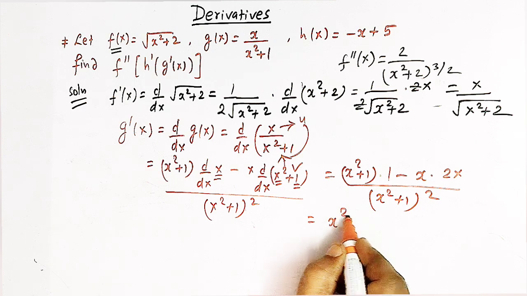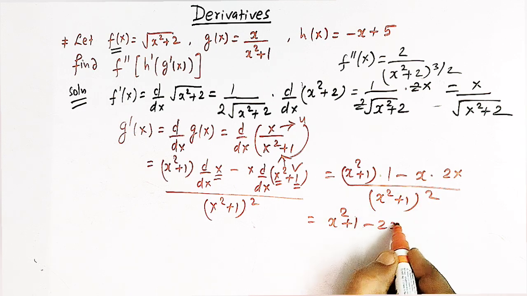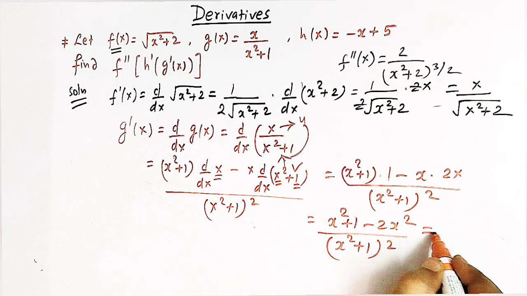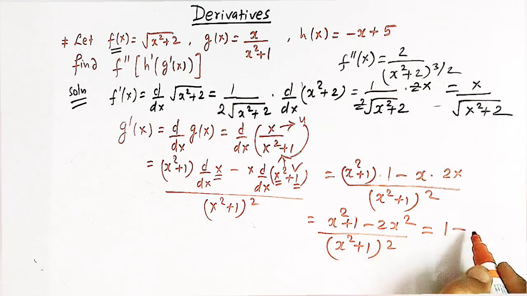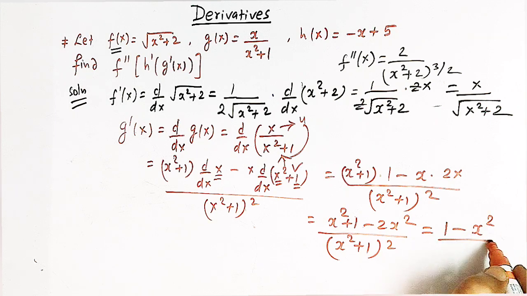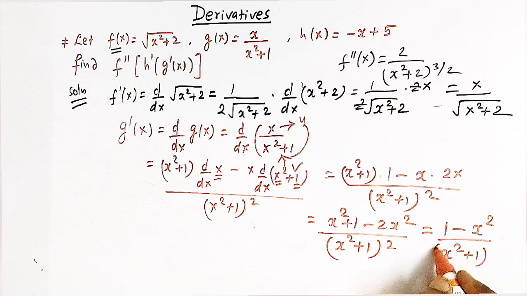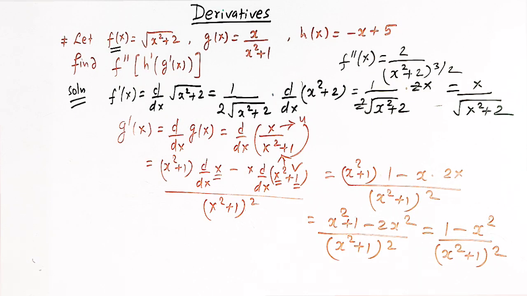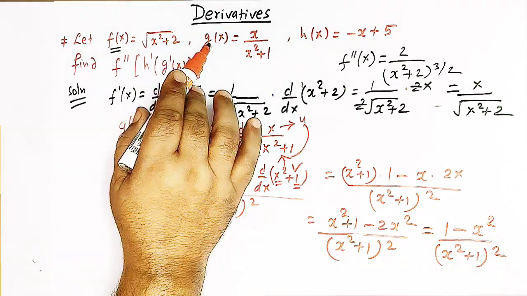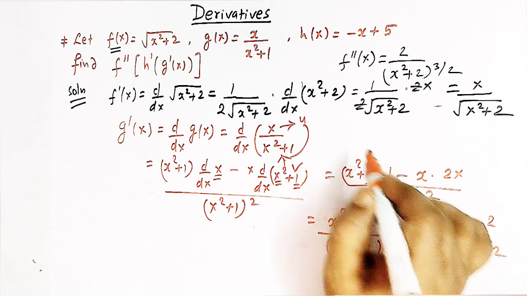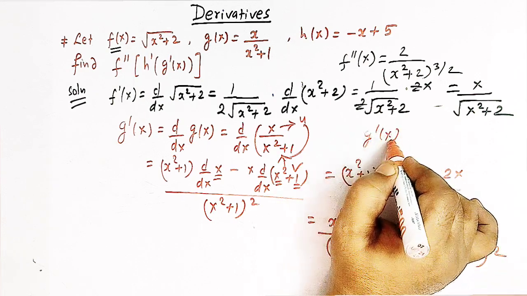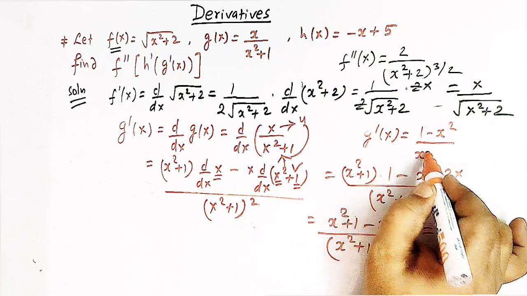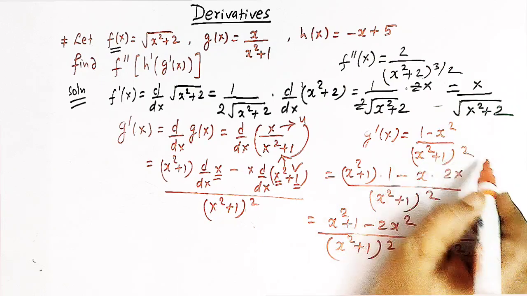So this is x square plus 1 minus 2x square, over x square plus 1 whole square, and here we can write 1 minus x square over x square plus 1 whole square, right? So viewers, the derivative of this function g of x is given by this expression, that is 1 minus x square over x square plus 1 whole square.